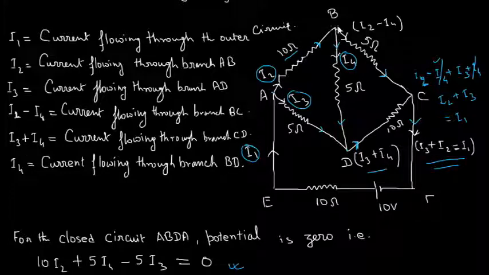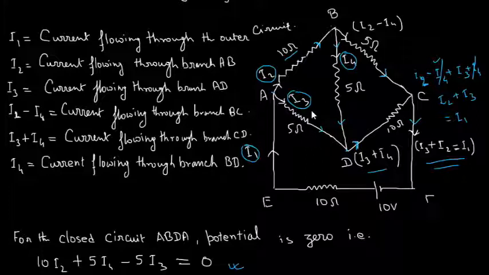Potential difference V is equal to IR. So here the potential is I4 into 5, or 5 into I4. Fine. Next, what is the potential difference between AD? It is 5 into I3.